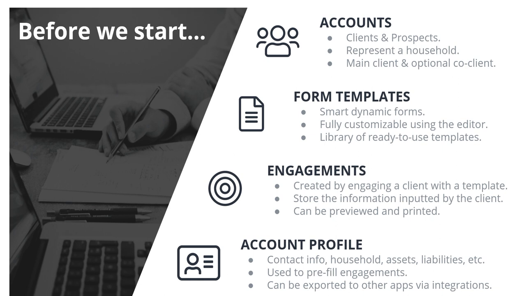The account profile is where your client's relevant data is stored, such as contact information, household, assets, and liabilities. We use this information to pre-fill some engagements, and when your clients complete them, we automatically update their account profile to include that newly collected data. Some information from the profile can then be exported to other systems via our integrations.